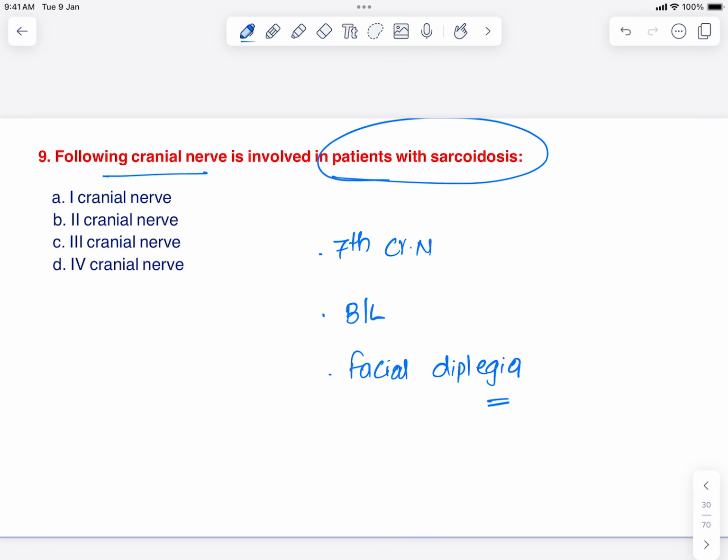But next to the seventh cranial nerve involvement, the next most common nerve will be the second cranial nerve, and that will result in optic neuritis, right?